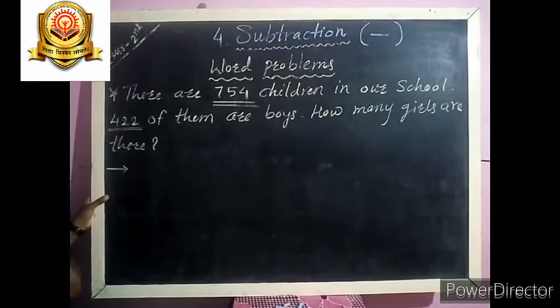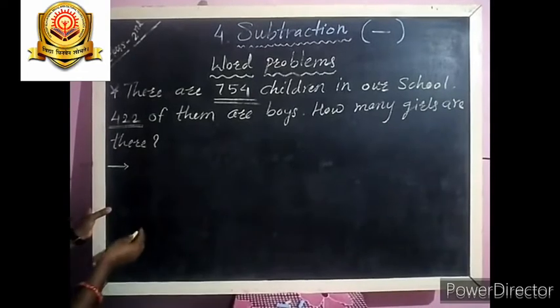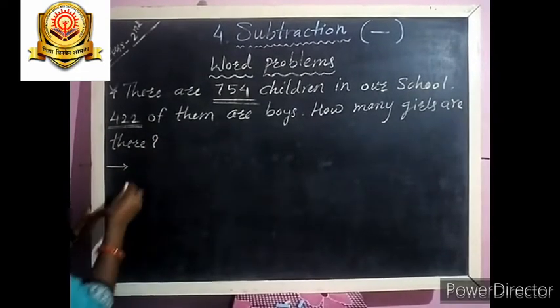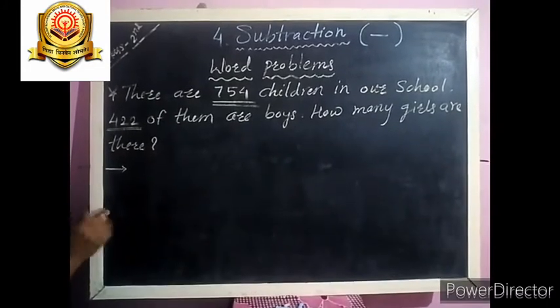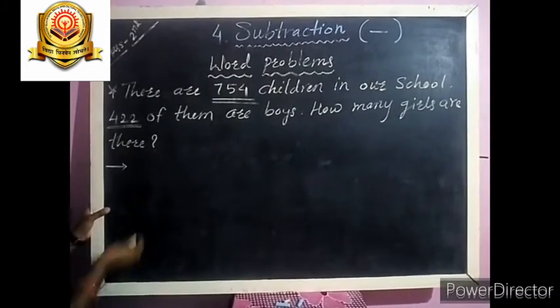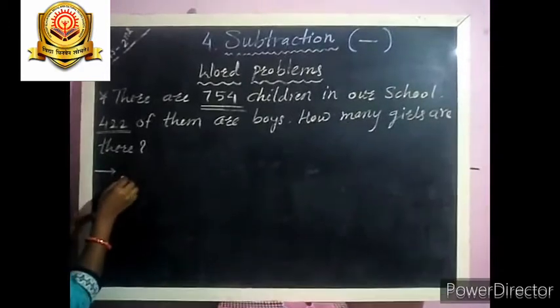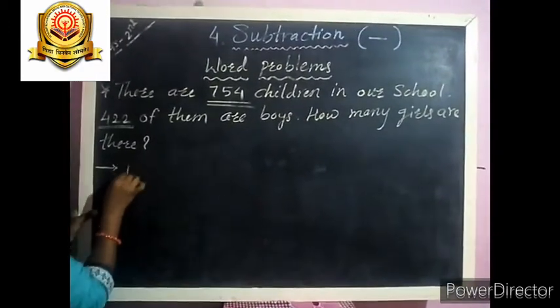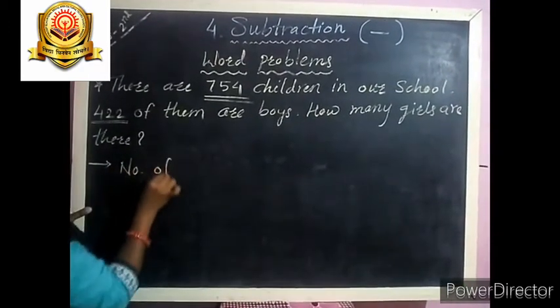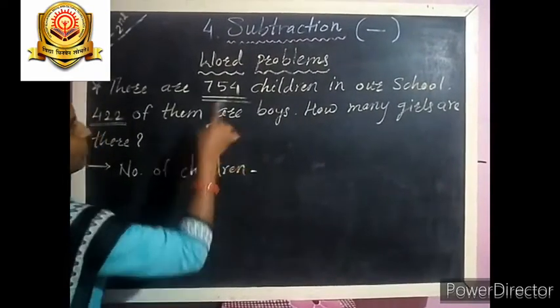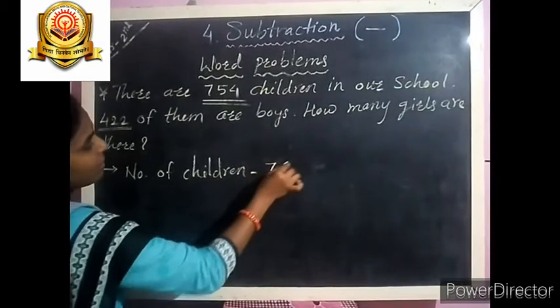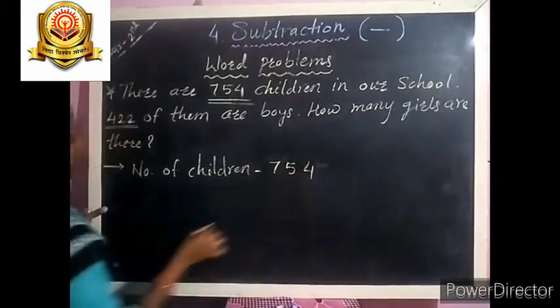So let us start. Now students, total number of children. We have to subtract the number of boys from total children. So how many total number of children? 754.